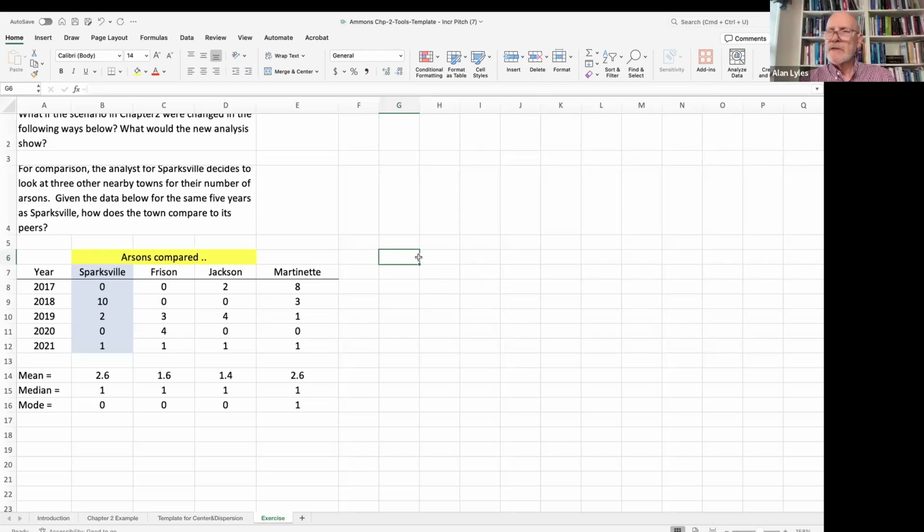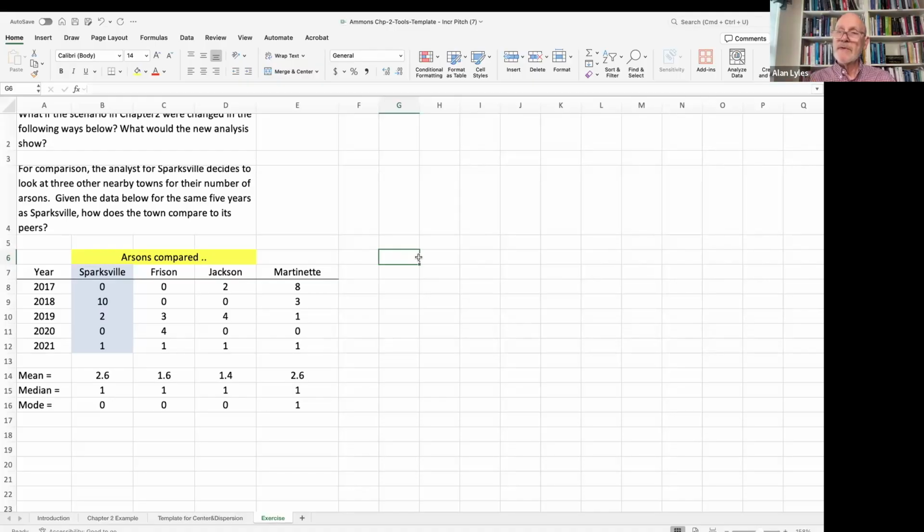Well, it's not so much that there's a formula for that. Although if you remember from your statistics, if you look for a Gaussian and normal curve, when you have something that's too skewed from that, it strongly suggests the median is a better way to go. And it could be that I would choose median, but with Sparksville and with Martinet, I would have in the prose, and maybe documented here in a cell, what was extraordinary that year.